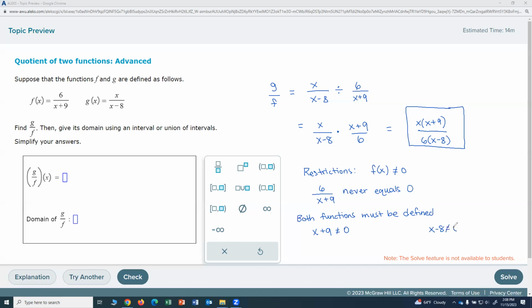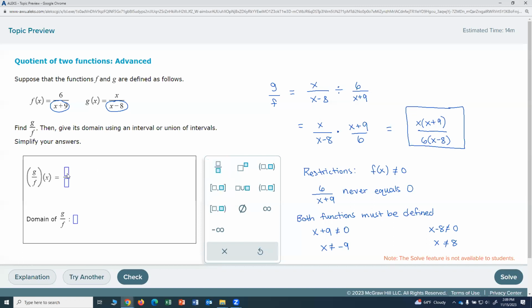And that's because of the denominators. You can't divide by 0, so neither denominator can equal 0. So I'm going to have the restriction of x cannot equal -9 and x cannot equal 8. Those will be my restrictions.